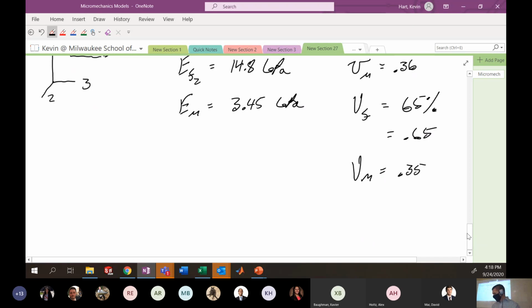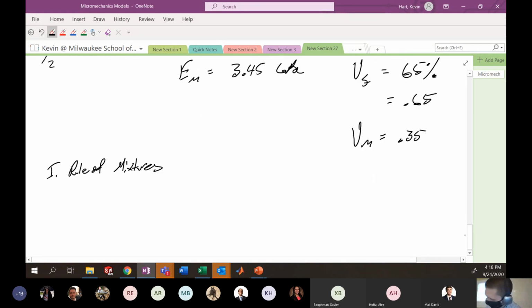All right, so away we go. First is our inverse rule of mixtures. This is just kind of plug and chug. So we know it's 1 over the property of the composite that we want, so here that's 1 on E2.